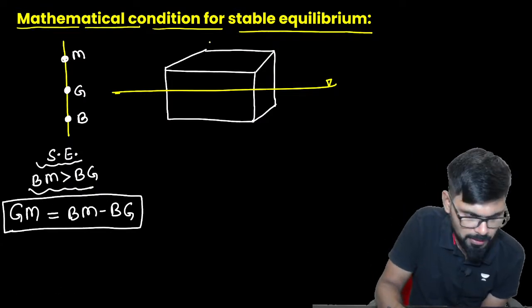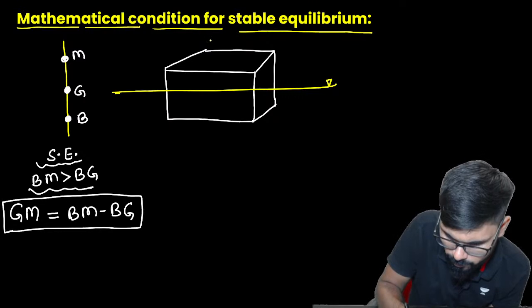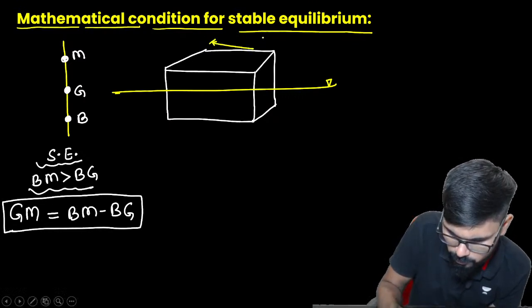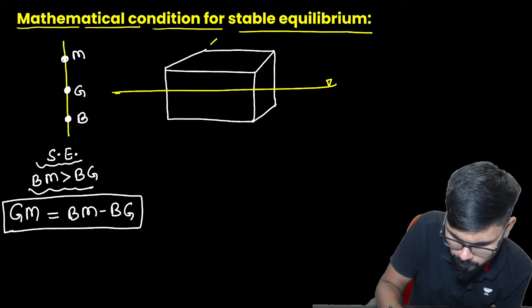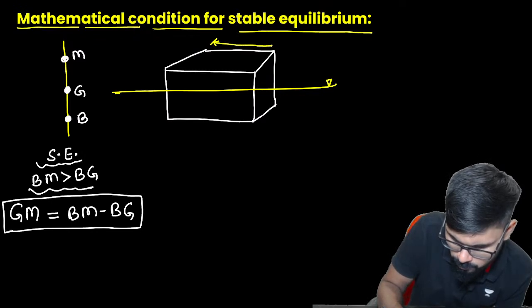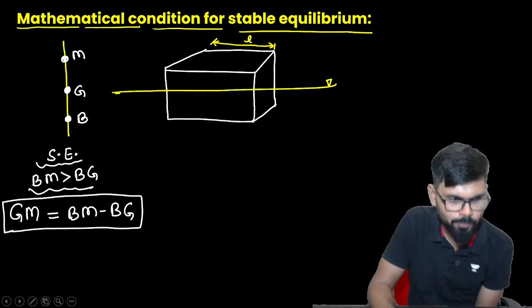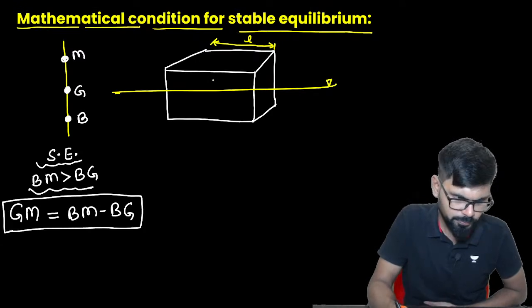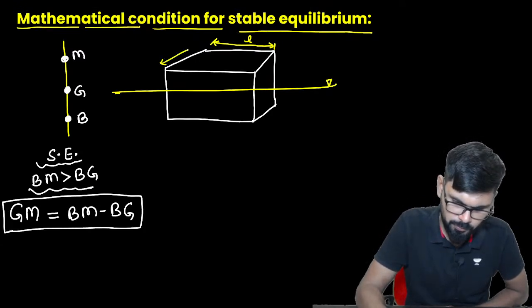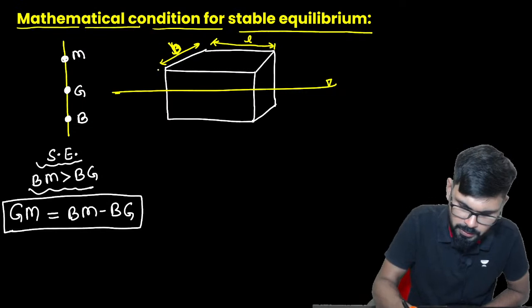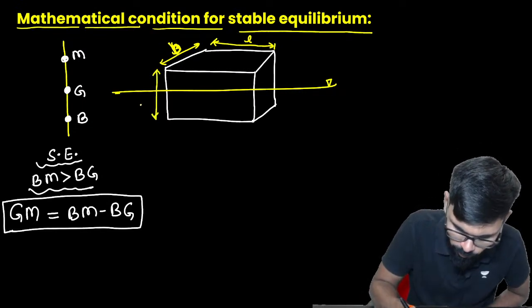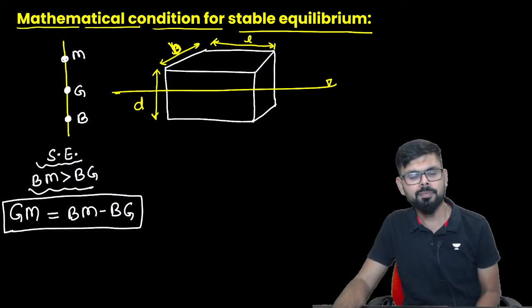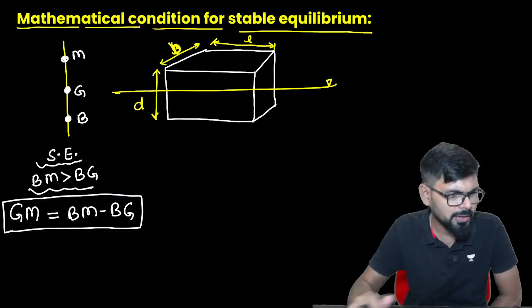This is, let's say, length L, for example, and this you can say it is small b. This is, let's say, D.